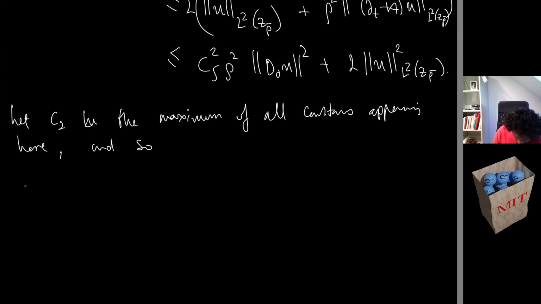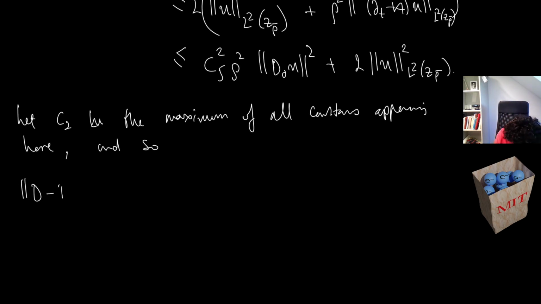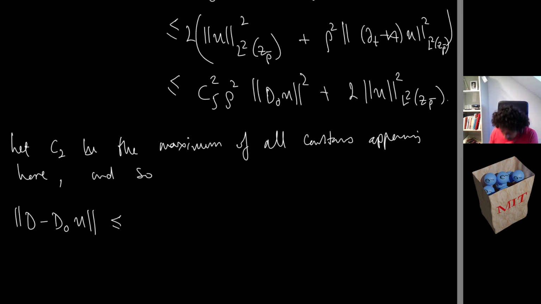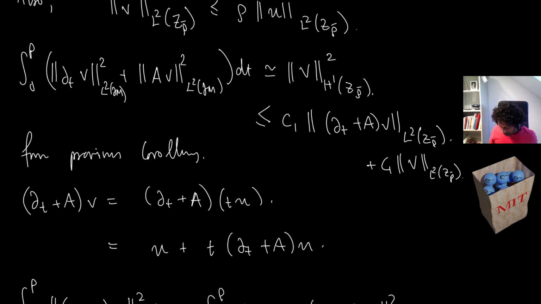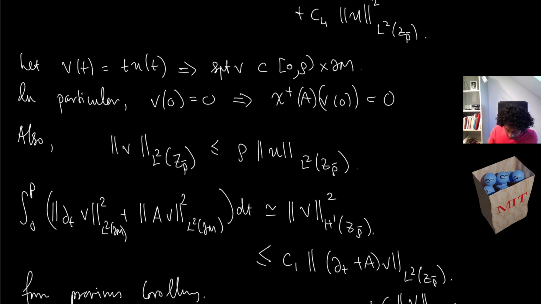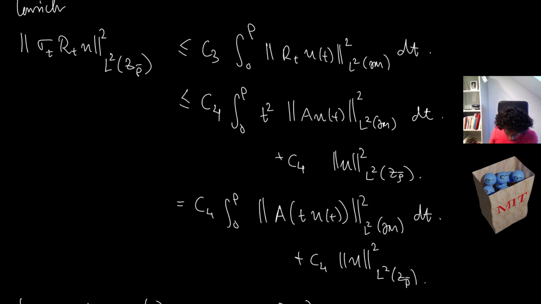We get that d minus d naught of u now is going to be less than or equal to, okay, so we put all of this stuff together. So we have a lower order term here, a lower order term here, and a lower order term here, right?